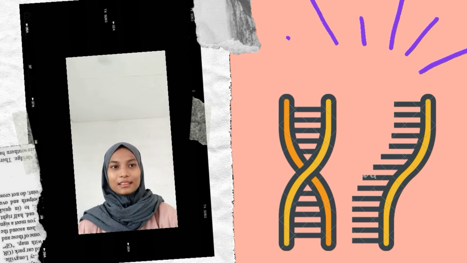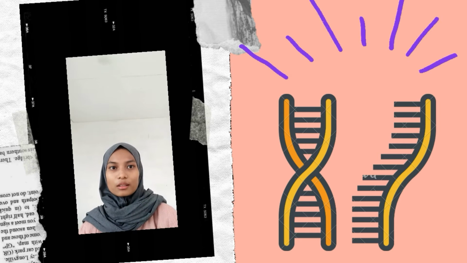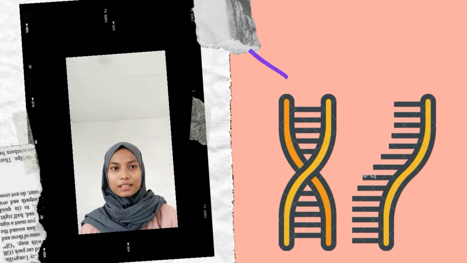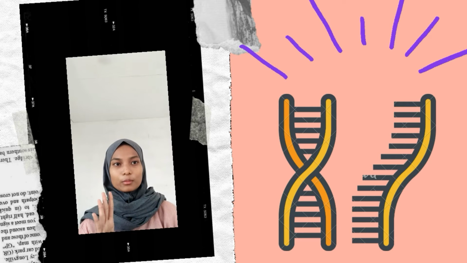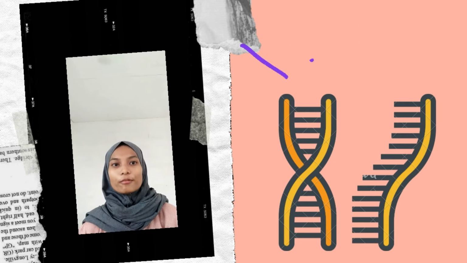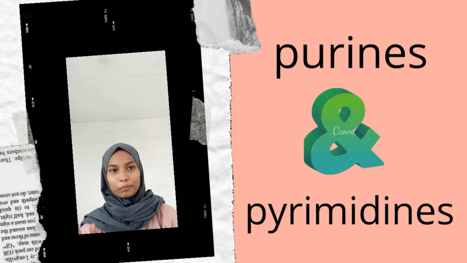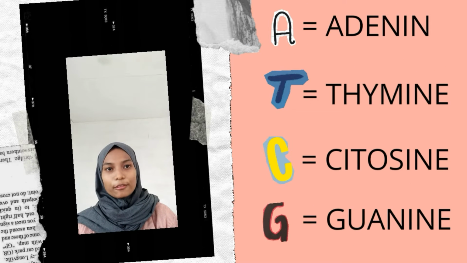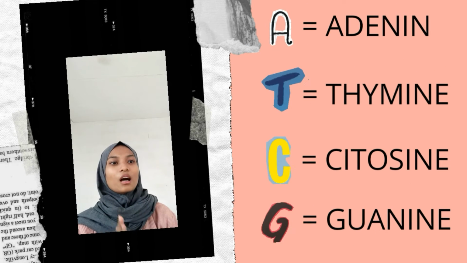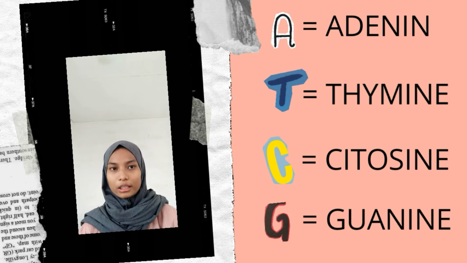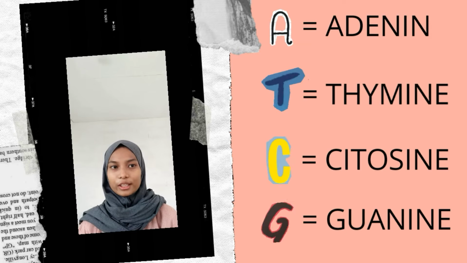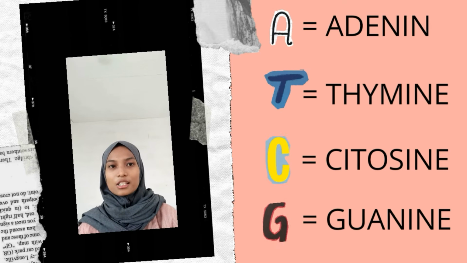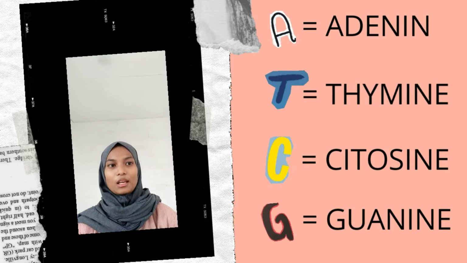DNA has a ladder-like structure. Each rung stores genetic information in the form of 4 types of base molecules consisting of 2 groups, namely purine and pyrimidine, each of which consists of 2 types of molecules, namely A for adenine, T for thymine, C for cytosine, G for guanine.